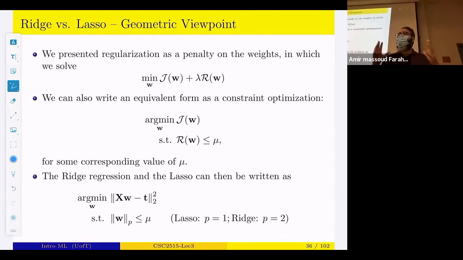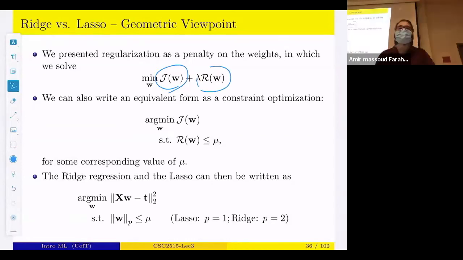One idea was to constrain the weights to be within some region, so that we don't want weights with magnitude larger than 10. The way I defined the regularizer wasn't exactly like that. It was in the form of a penalty, and there would be a trade-off between the penalty term and the cost term.